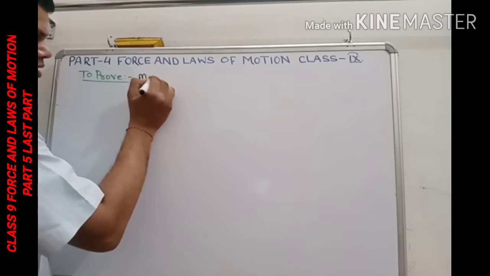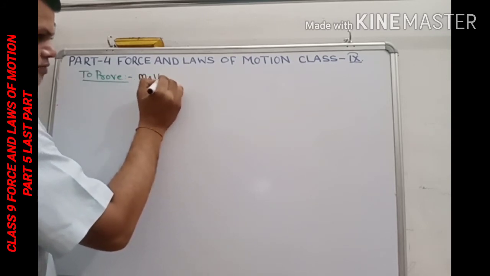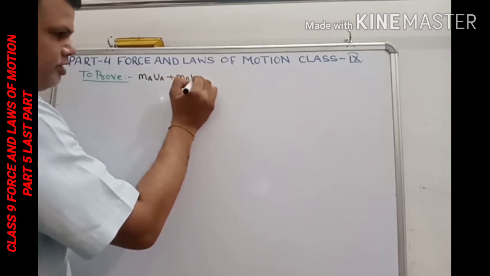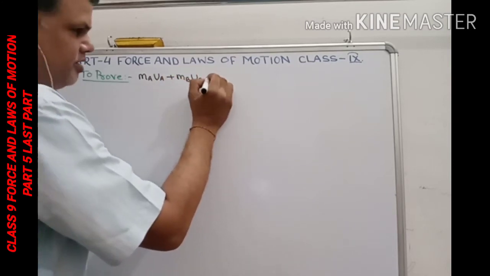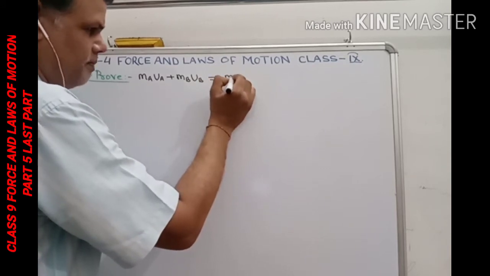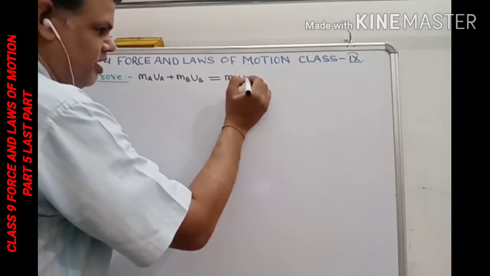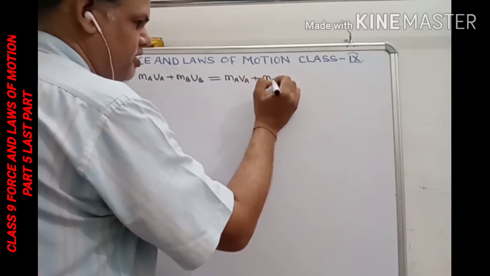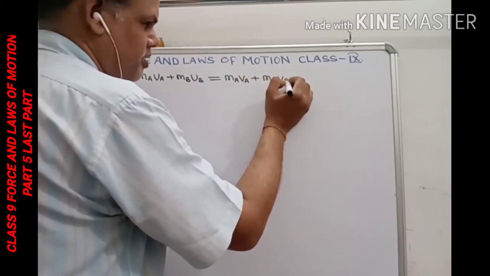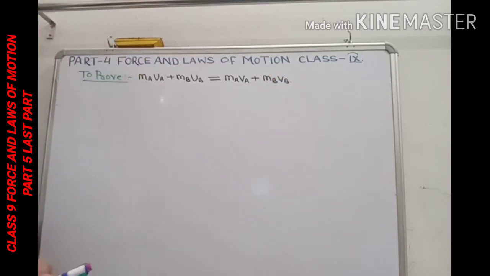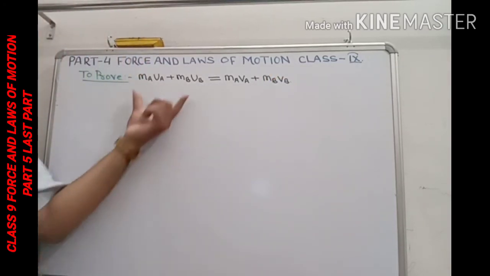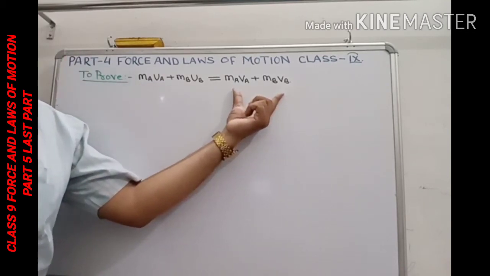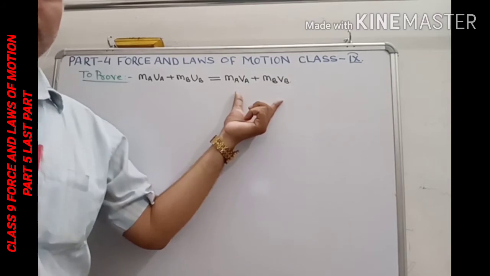MA UA plus MB UB is equal to MA VA plus MB VB, that is, the total initial momentum of the system is equal to the total final momentum of the system.